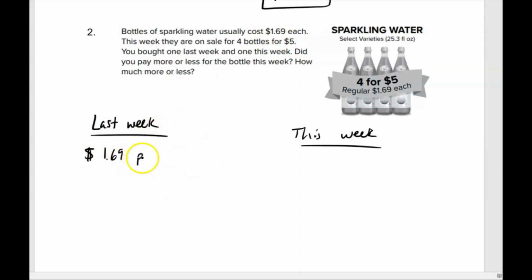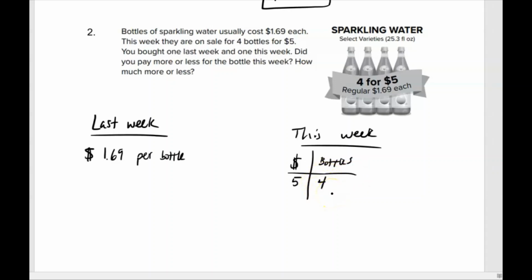So that's per bottle. And this week it tells me that I can get 4 bottles for $5. So I've got this comparison again. I'm going to make a t-table. $5, and I got 4 bottles with that.